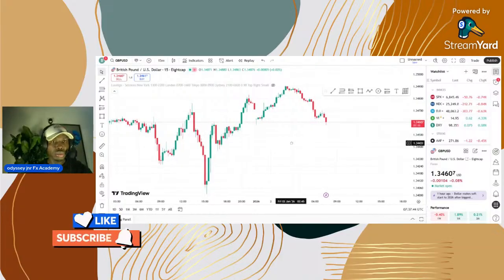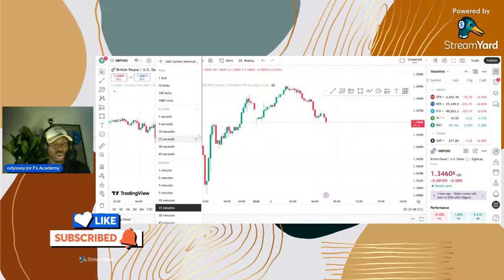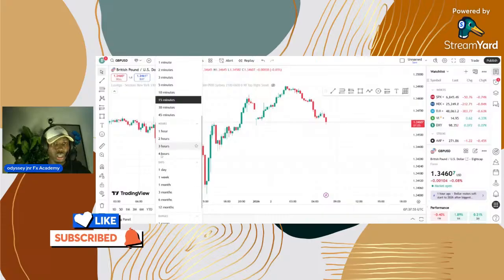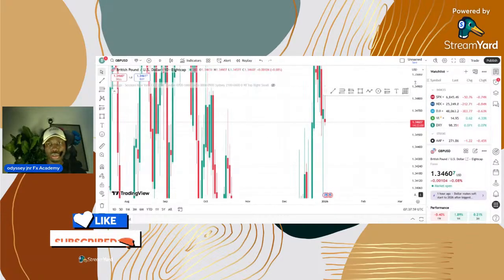In the Great Britain Pounds USD, we'll first of all start with our daily time frame to see the market's clear movement or structure.